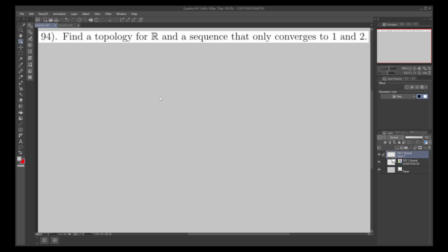Let's begin. Find a topology for R, the real numbers, and a sequence that only converges to 1 and 2. Let's begin with this.